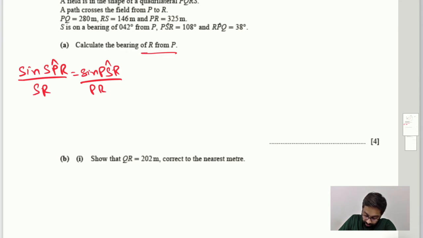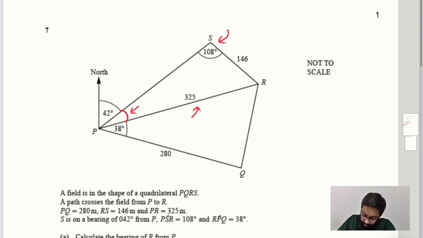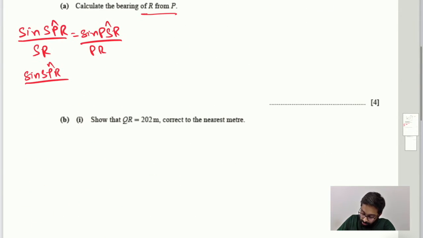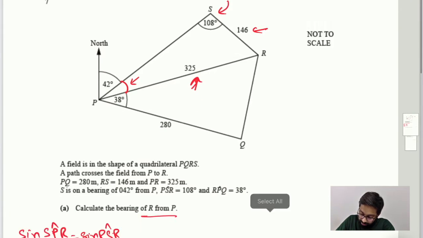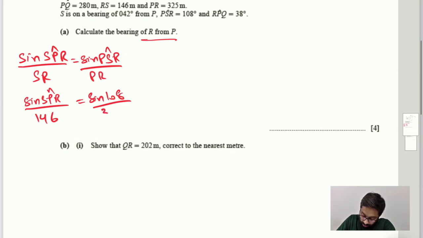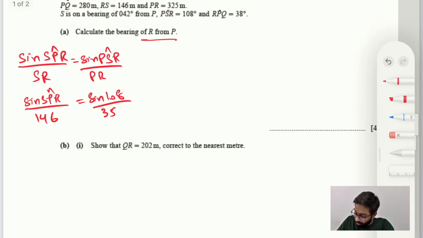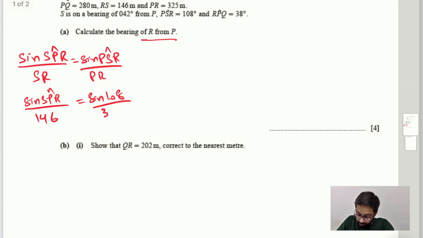Now let's plug in the values. Sine SPR is what we need to find, but the length of SR is 146. So we write 146 here, equal to sine 108 degrees over 325, as this is the length of PR. 325, sorry, I wrote 350. I was about to write 352, but let's correct it.